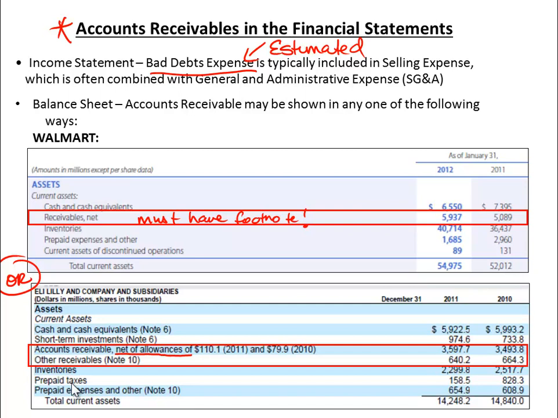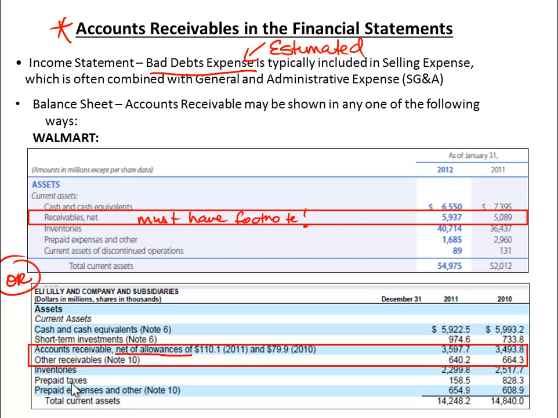The thing that you'll see on an income statement when we talk about financial statements and accounts receivables is an account called bad debt expense. And that's an estimate of the accounts receivables or sales that we think will not pay us in the future.